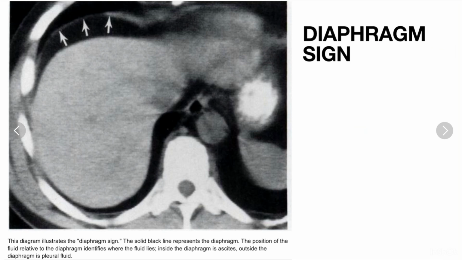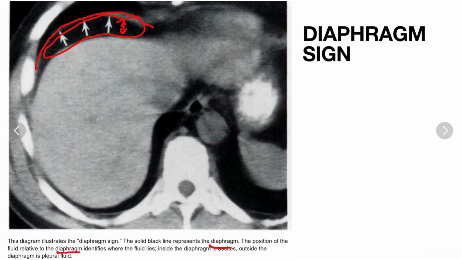Then the second sign is the diaphragm sign. Here we can see the diaphragm, which is very easily visible, and it is due to the presence of ascitic fluid inside the diaphragm. The solid black line represents the diaphragm.